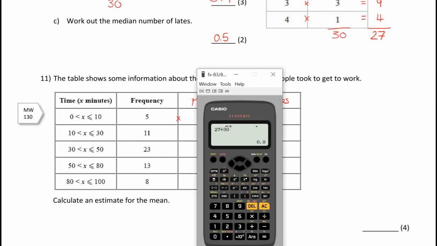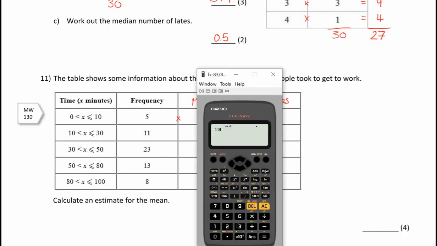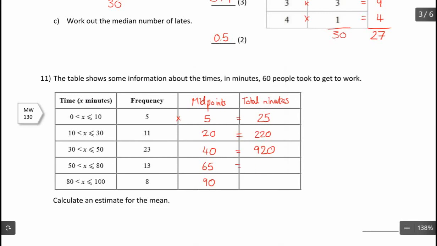So this is the point where I'm starting to use a calculator. 920 minutes. 13 people took 65. 845. 8 people took 90, so that's 720 minutes taken to get to work altogether.